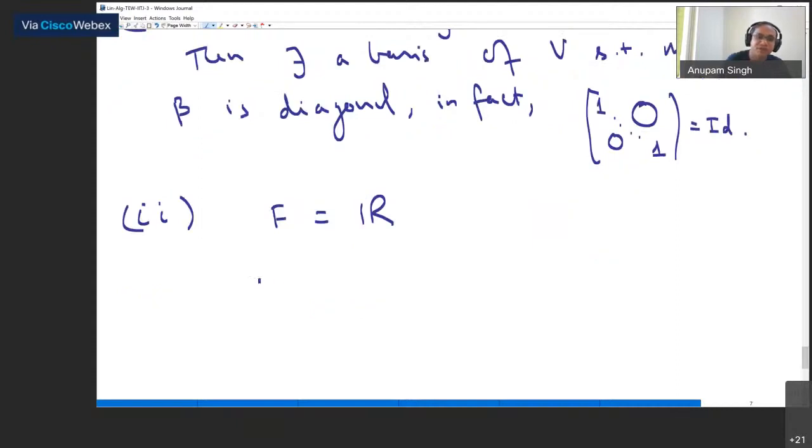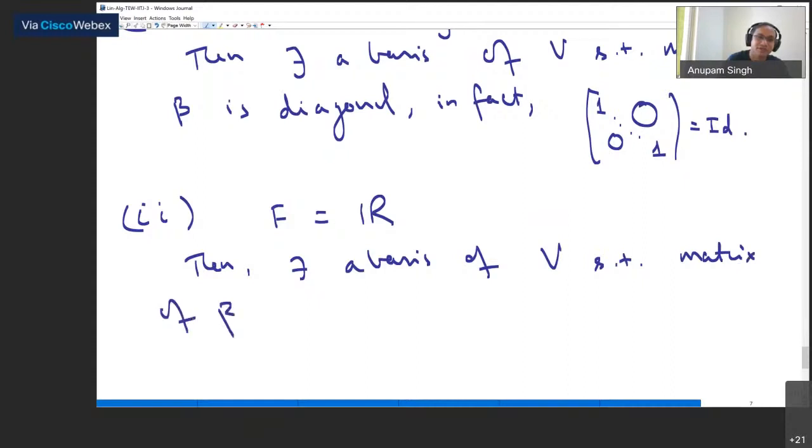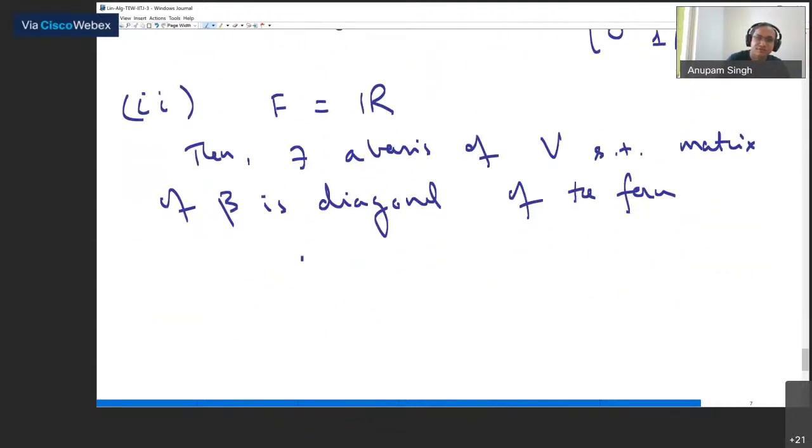Then what we can say is that there exists a basis of V such that the matrix of beta is diagonal, that is good, of the following form. I have 1, 1, 1, but -1 can also happen. So I have -1, -1, -1.